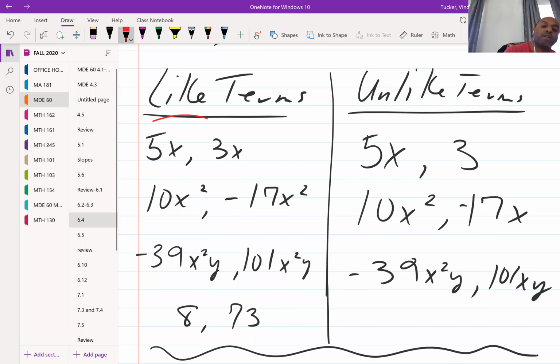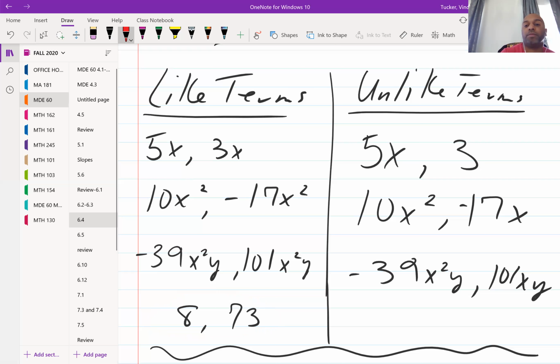So 3x and 5x are considered like terms. 10x squared minus 17x squared are like terms. They have the same exponent, same variable. Negative 39x squared y and 101x squared y are like terms. And then not having a variable at all, just our regular constants, are considered like terms.